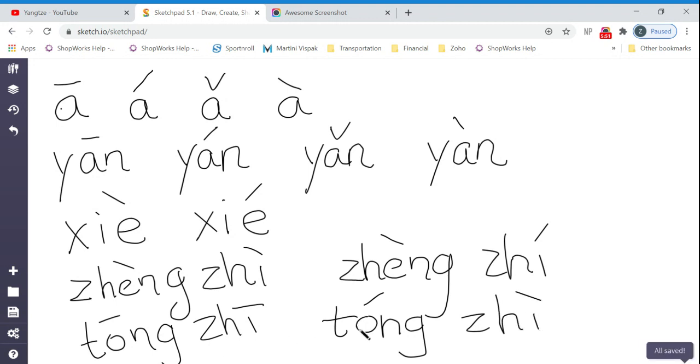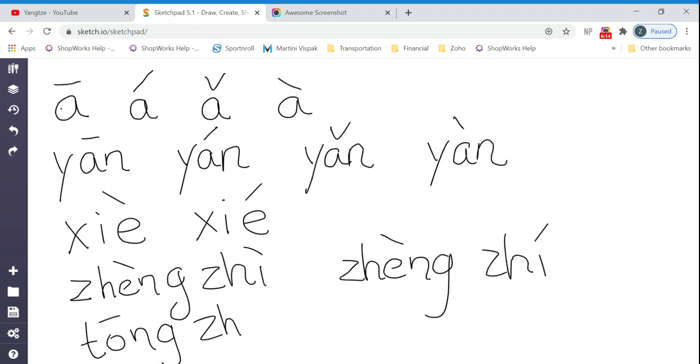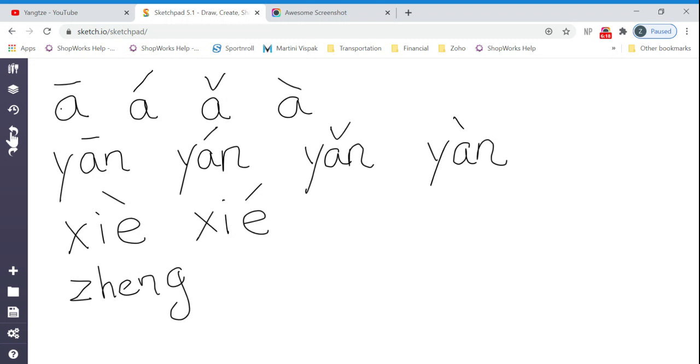If it changes like this, 同志 means comrade, like your friend. So they're completely different things. That's why you need to make sure you pronounce each word with the proper tones.